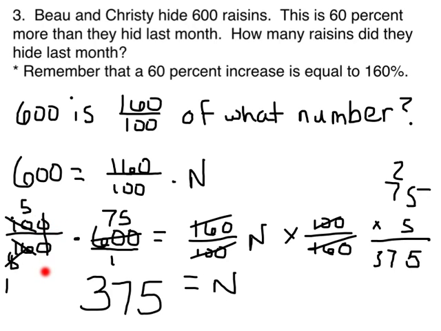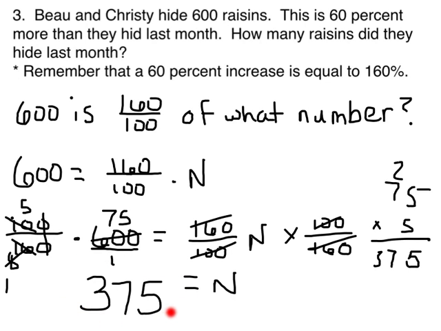Took away these two zeros here, and then I had 10 over 16, which reduces to 5 over 8 rather easily. Then I said 8 and 600. 8 goes into itself one time and into 600 75 times. So then all that's left to do is multiply 5 times 75, and I got 375.